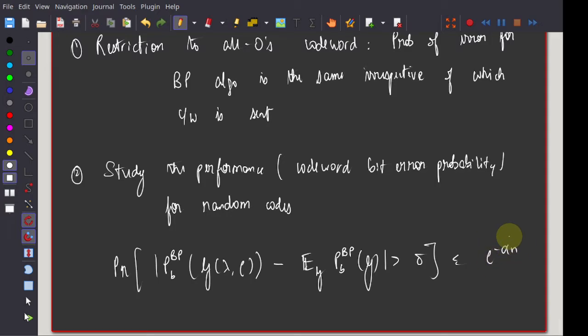So as n tends to infinity, if you're interested in very large block length codes, then if you pick any random graph, with very, very high probability this will achieve the same as the average error probability for a random code drawn from this ensemble.